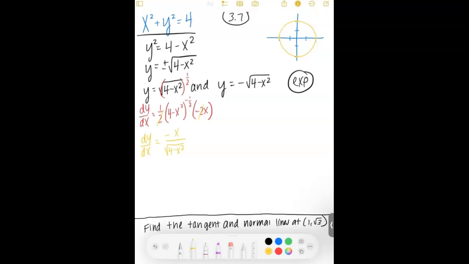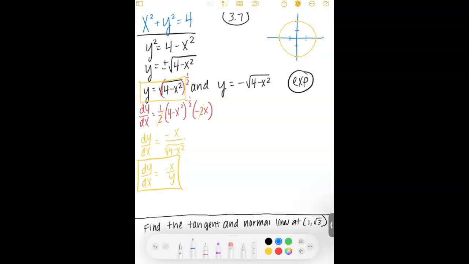But remember, from this first part here, y is equal to the square root of 4 minus x squared. So what we actually found here is that the derivative equals negative x over y. Usually we keep things in terms of x when it's explicit, but I want to show you that implicit would get negative x over y as well.